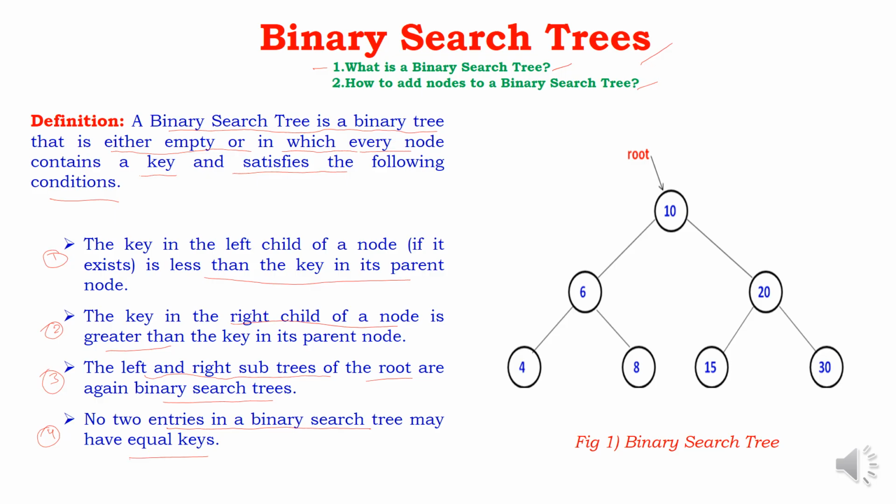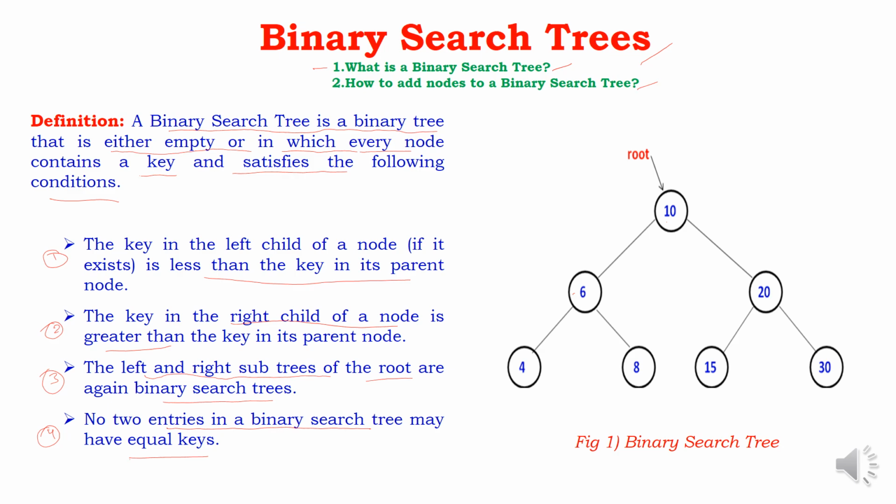The first condition is the key in the left child of a node is less than the key in its parent node. So say the root is the parent, and 6 is the left child. The left value is less than the root value, and the second condition is the right value is greater than the root value.